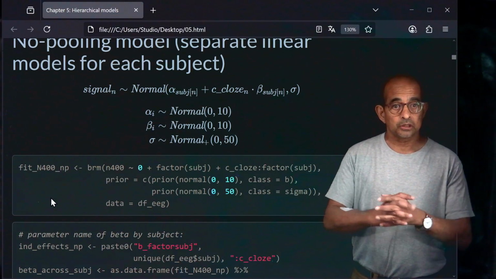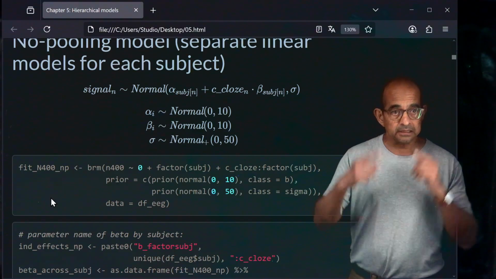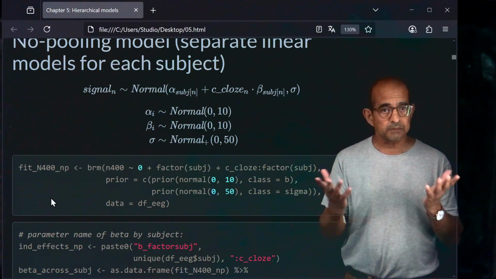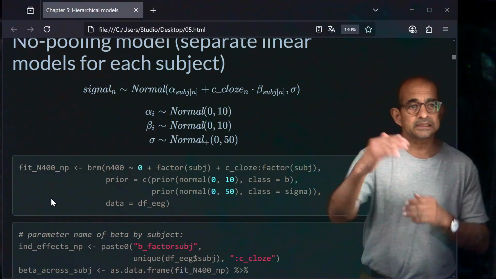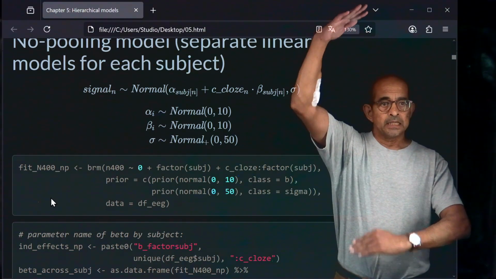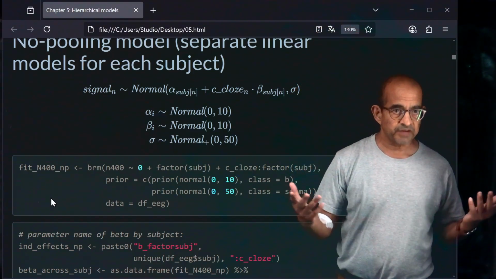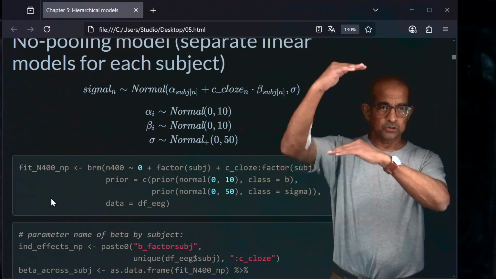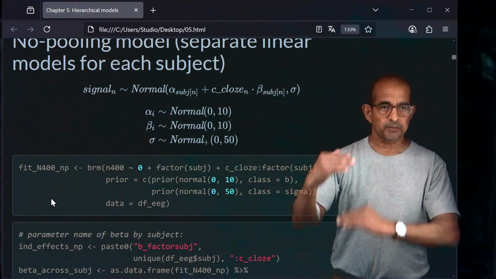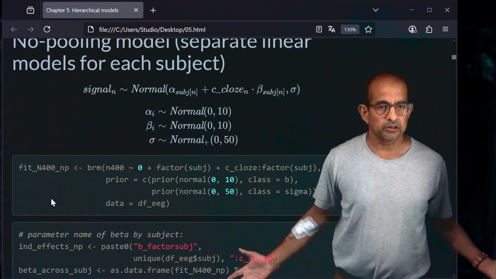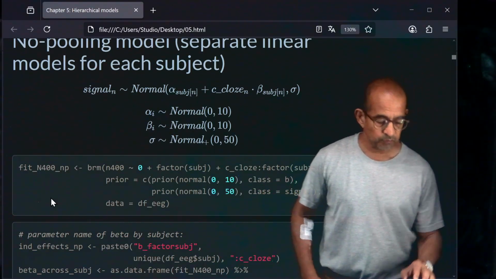Of course, if this looks complicated, think about it conceptually. It's a very simple situation. You could imagine taking the entire data frame, subsetting the data for each subject one by one. This would be very clunky, but it's doable. You subset the data for each subject one by one and then fit a linear model on that. That's what we're doing here, in one shot.